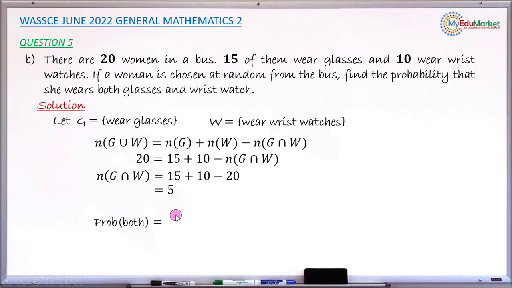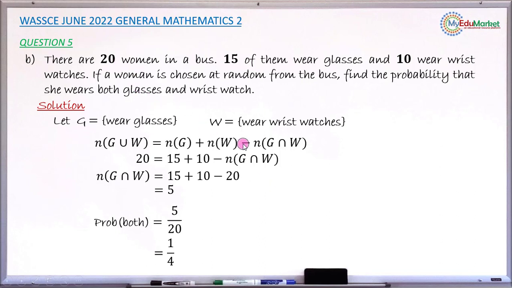So you now have 5 over 20, and you reduce this to a simpler form. 5 can divide 5 and 20 to get 1 over 4. So this is the probability of selecting a woman that wears both glasses and wristwatches if we are to select one at random from these 20 women.